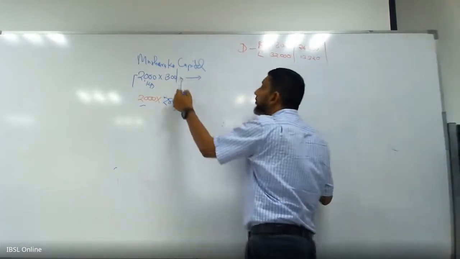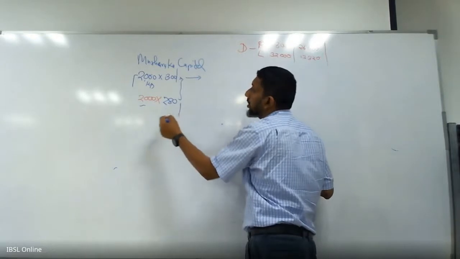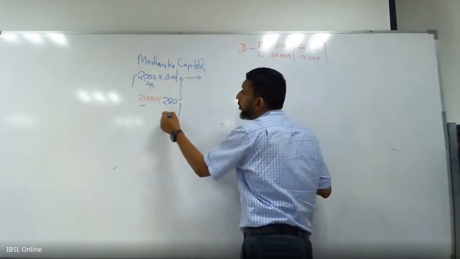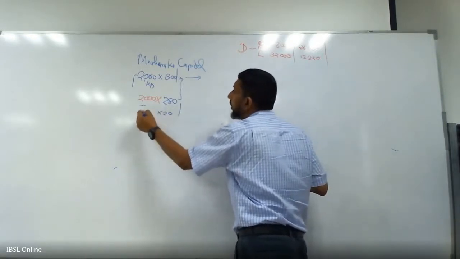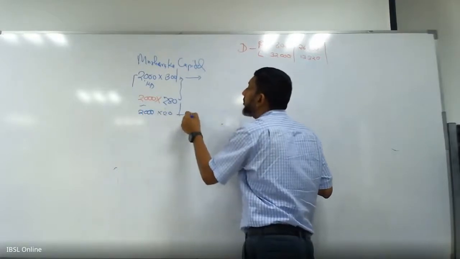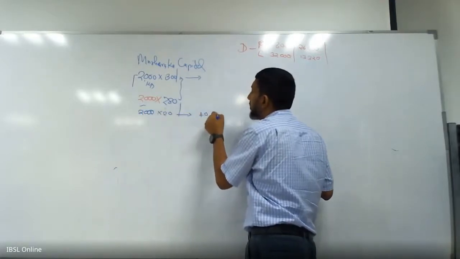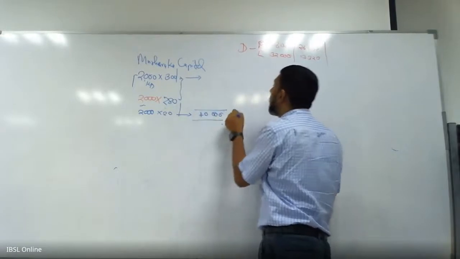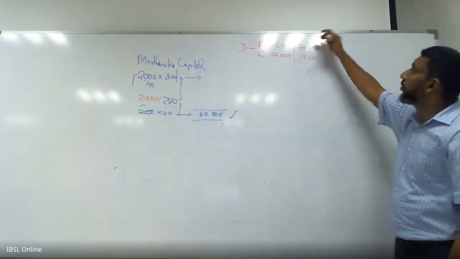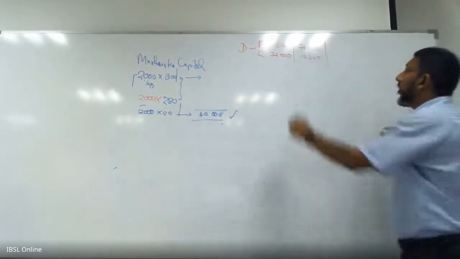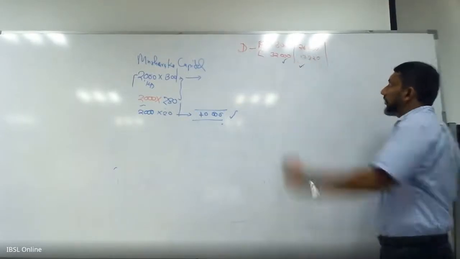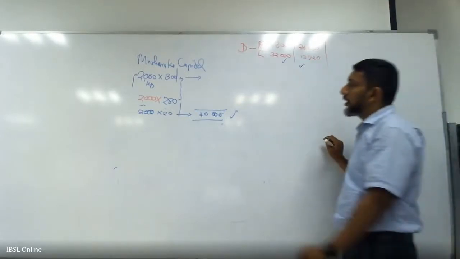The loss. Loss is calculated based on what? 20 rupees loss per kilogram, so 40,000 rupees loss. That's the first thing. Have you got the loss right? Both these answers have got the loss right. Total loss is 40,000.